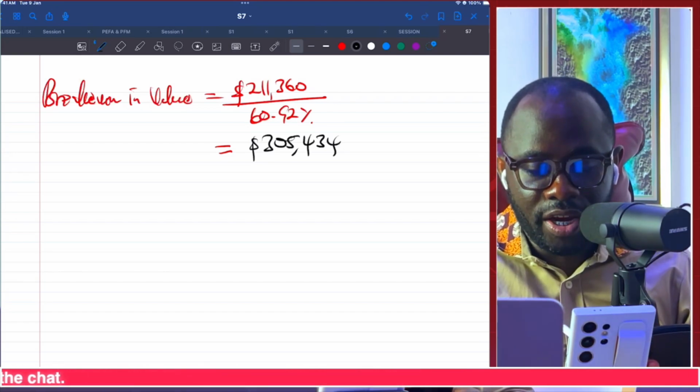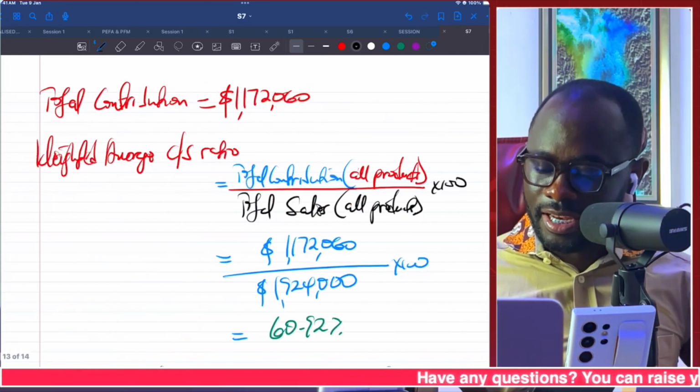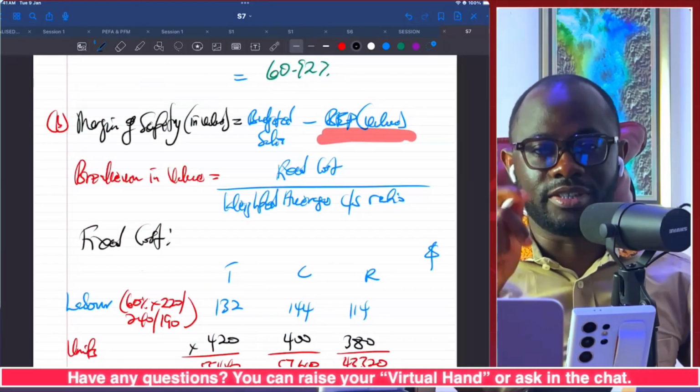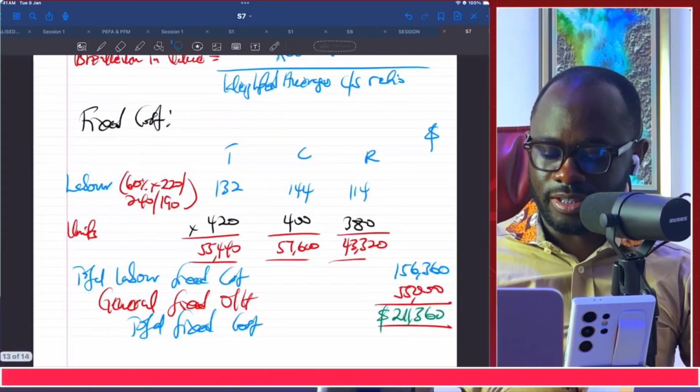Now that we have the break-even point in value, we can now answer the question, which is margin of safety in sales, which is the requirement of the question.